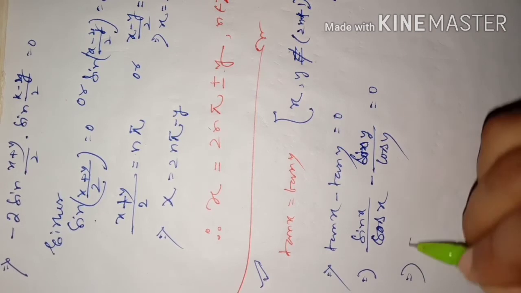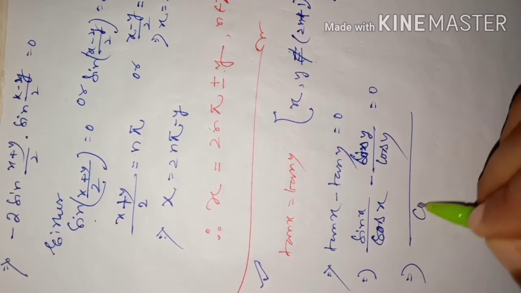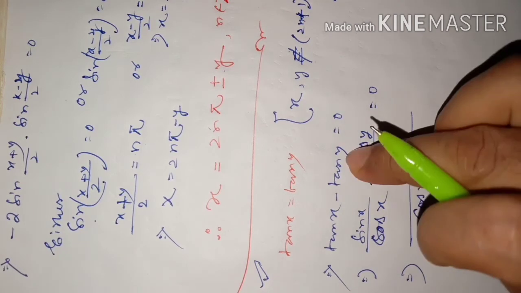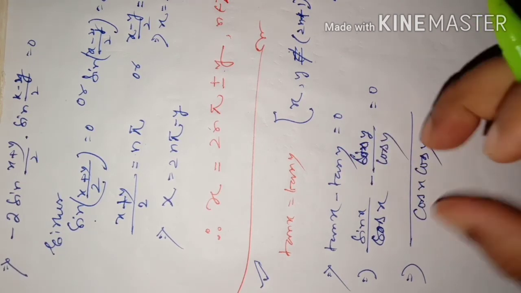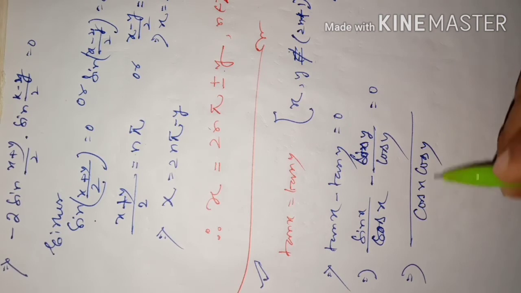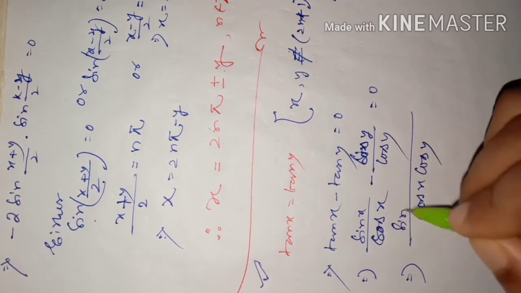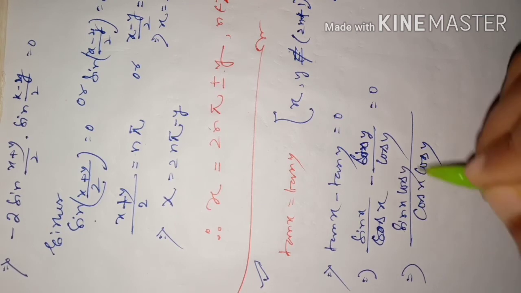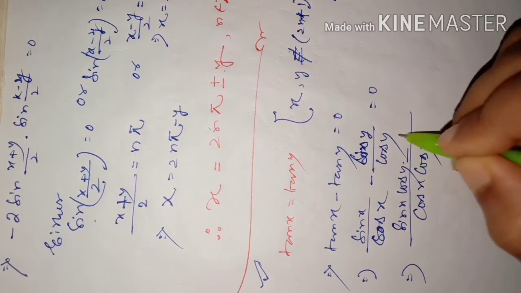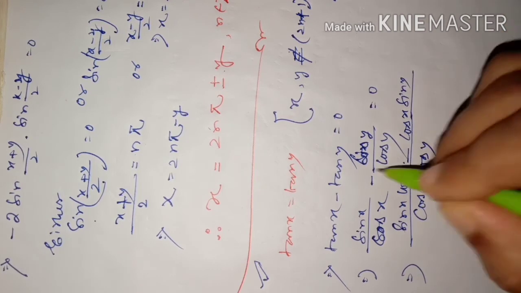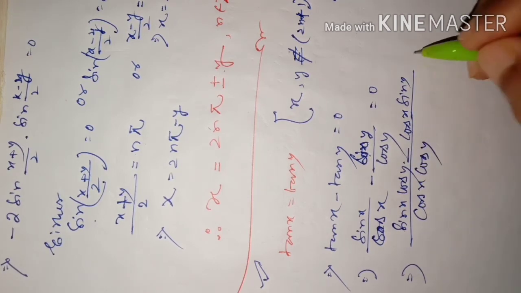Taking LCM, we can get cos x cos y, means we are trying to combine both and make one fraction from this. So cos x cos y will be the LCM, and the numerator is sin x cos y minus cos x sin y, this into this is equal to 0.